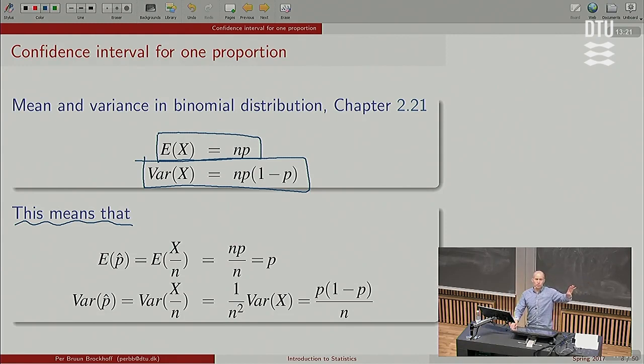That's the actual absolute number, whereas the proportion is simply the binomial number divided by n, and that's the one we're interested in. So the mean of the estimated proportion is, luckily, the population proportion. We never had any other idea about this number. Computing the actual proportion is the right way to estimate the population proportion.